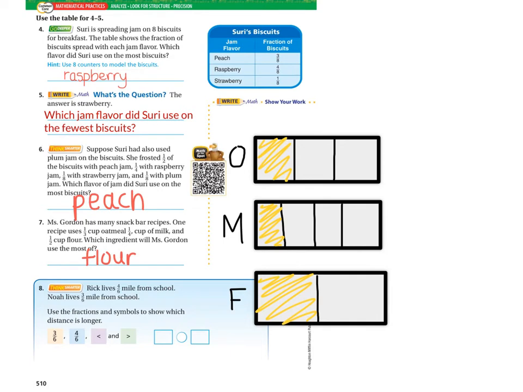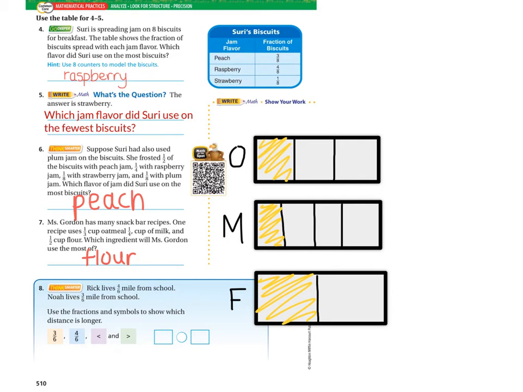So now this becomes a visual model that we can use. We see this fraction is 1/3. Right here, this is 1/4. This is 1/2. We can see that 1/2 is bigger than the other two fractions. 1/2 belongs to the flour, which is where we got our answer.